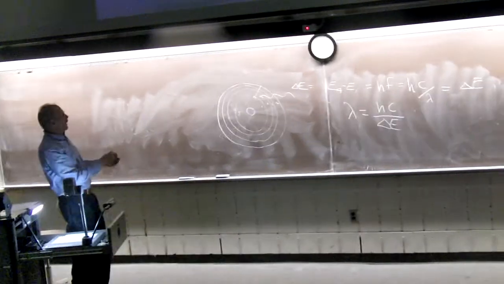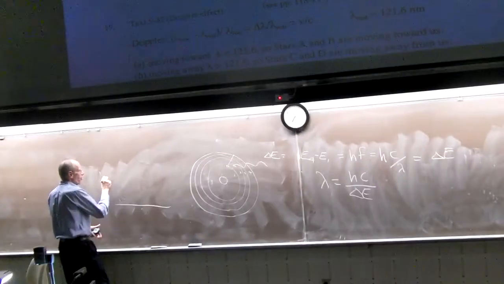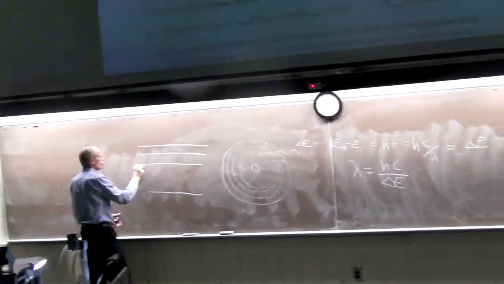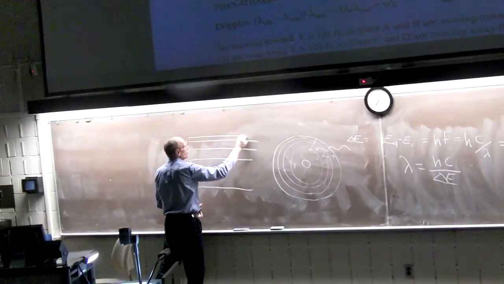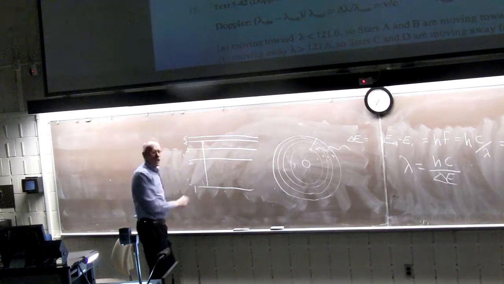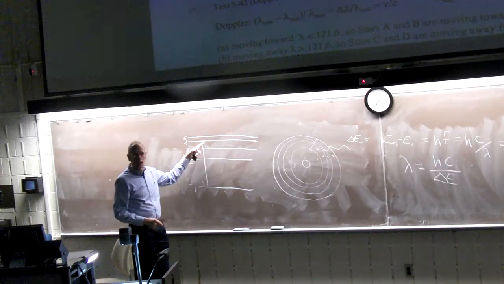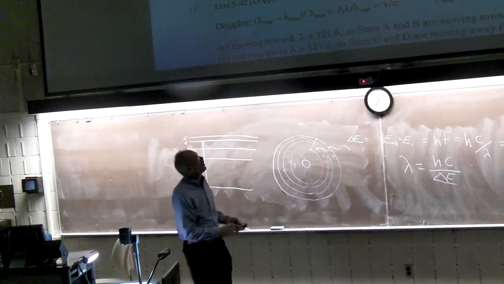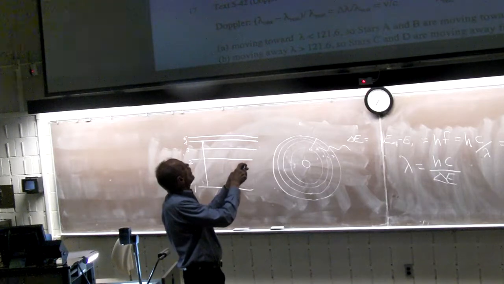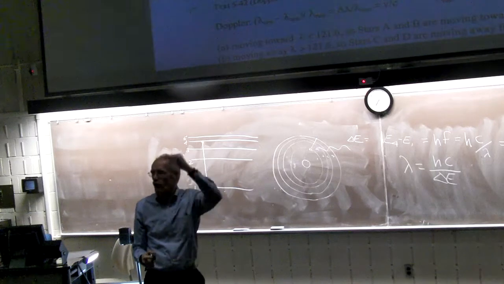Now, here they're showing us that the more correct way, instead of orbits, is to talk about energy levels. 1, 2, 3, 4. And as you go up, they get closer together, 5, and so forth. So this is the way we tend to talk about it. But the same thing: it has to gain the right amount of energy to go up. So on here, this one is absorption, because it has to gain energy to go up, so it has to absorb.